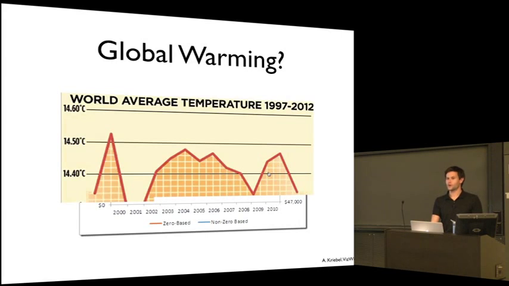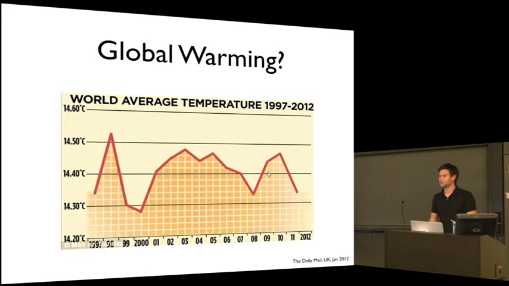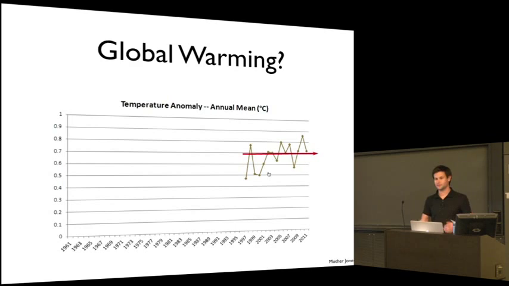Okay, so global warming. Some people think that global warming is not a problem. If you look at this data, you could say, well, it's going up and down, and it's not a problem. If we put it in context, if we just show this part, and this is the regression line, then it's still not a problem.